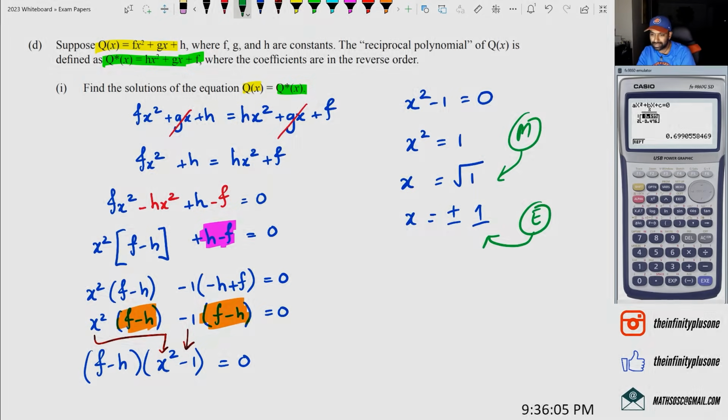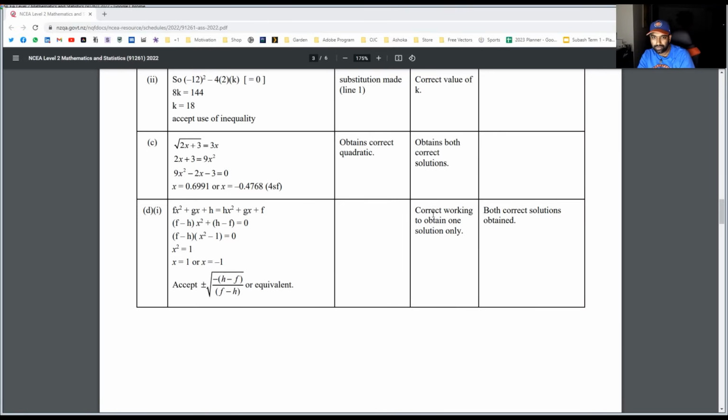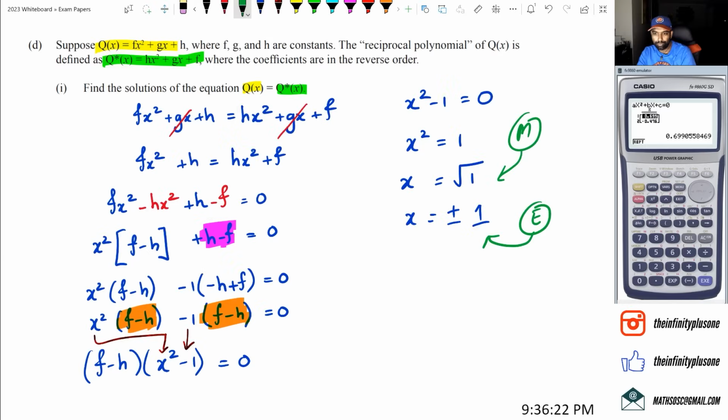So have a look at the answers here. Correct working to obtain one solution only, so I would probably say from there you'd get a merit. But it kind of sucks that if you forget that negative 1, you get dropped from an excellence to a merit. Man, that is just brutal. That is brutal.